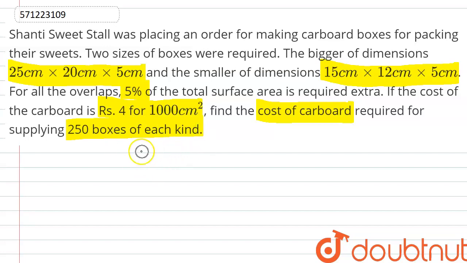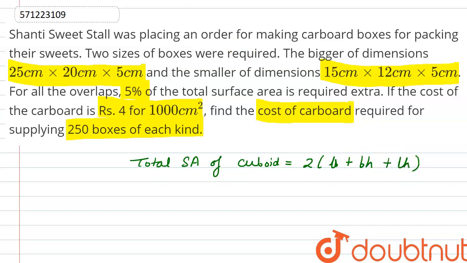As we know, the formula for the total surface area of a cuboid is twice of LB plus BH plus LH.